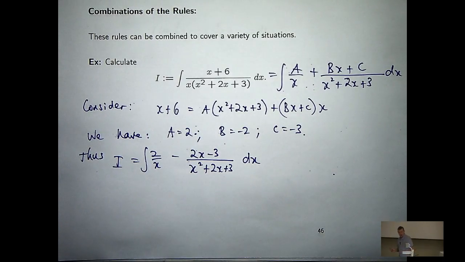Okay, so the first integral is easy. The second integral, well, it's like the example that we just did. You're going to have to play with the integrand, 2x minus 3, and break it up. That's going to lead to a logarithm and an inverse tan.